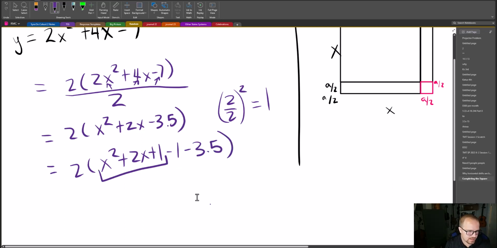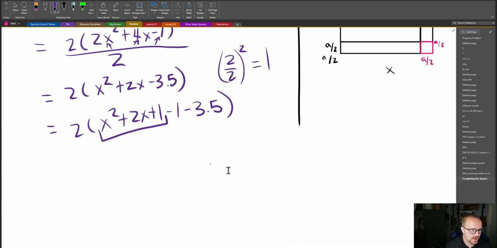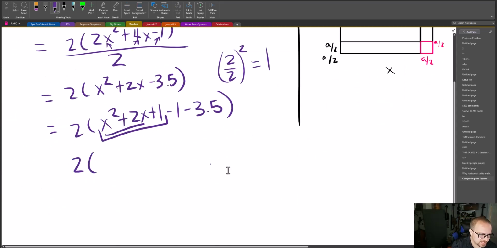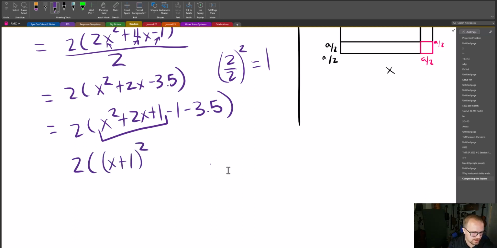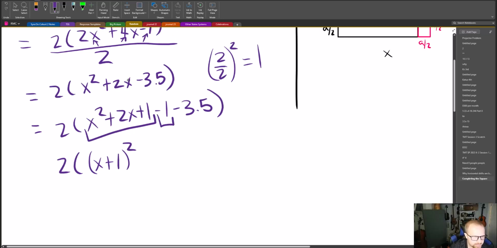This thing, just as we said over here, is a perfect square and will factor as x plus a over 2 squared. So this now becomes, I'm going to take this thing that is a perfect square and make it a perfect square. x plus a over 2 is x plus 1 squared. And then we just write the things that are left up here. And you'll notice that this is minus a over 2.